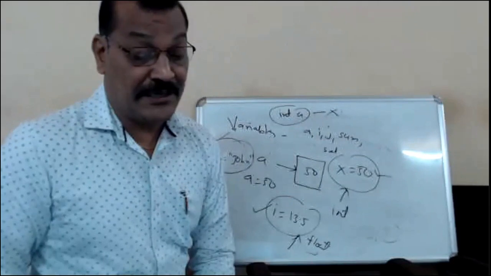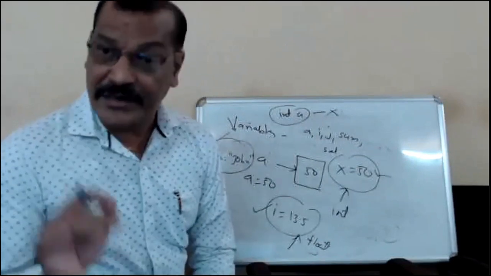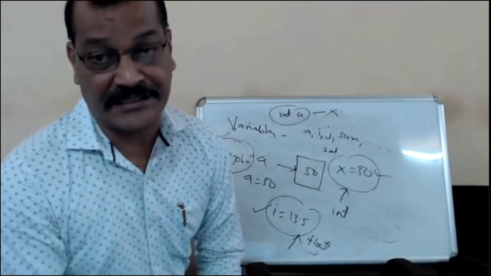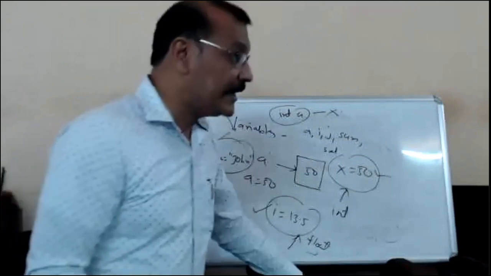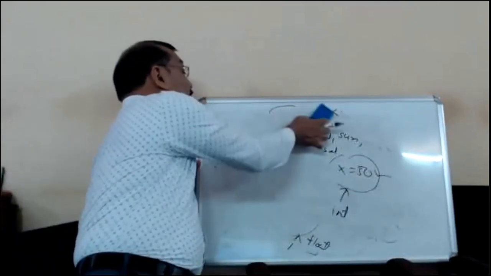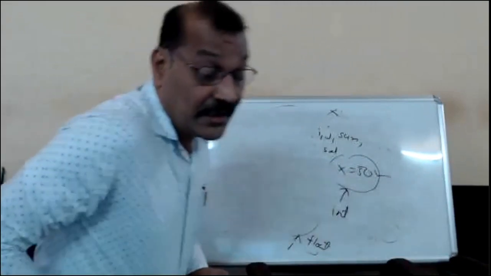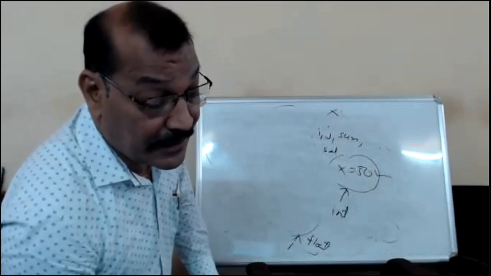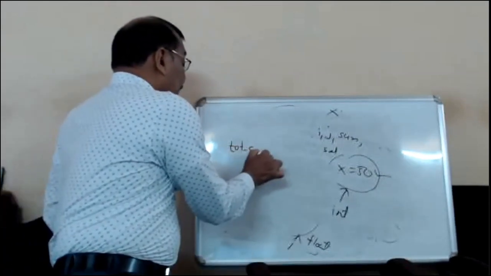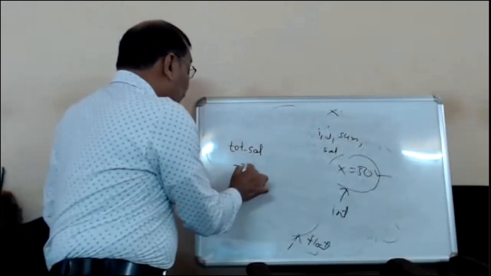Variable name must start with a letter or the underscore character. This is a very important feature of the variable concept in Python. Whenever we discuss the examples, at that time we will see why these examples are there. Consider names of variables like total salary, underscore result.